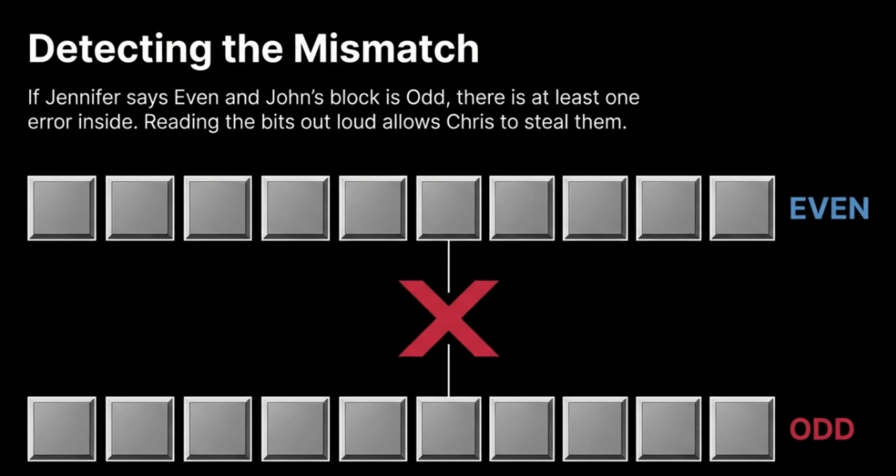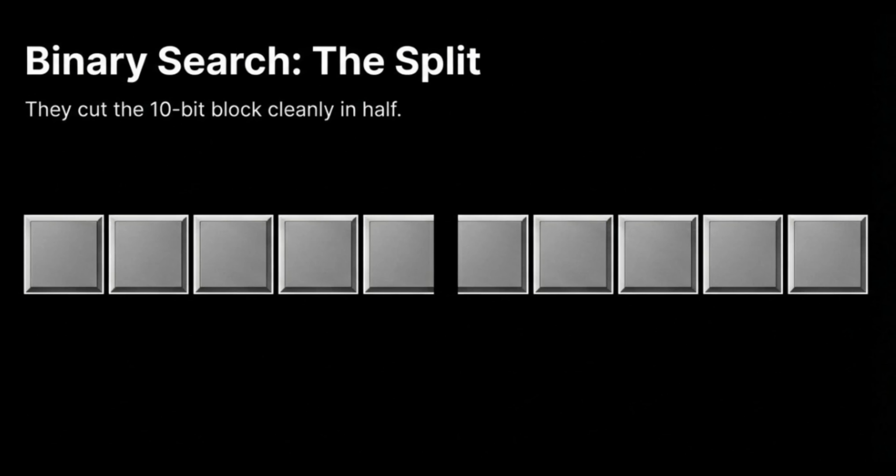They must fix the error to have matching keys, but they cannot reveal the bits to do it. To solve this, they move from simple comparison to a more surgical approach. Let's look at how they use a binary search to hunt down the error while keeping the data hidden in plain sight.